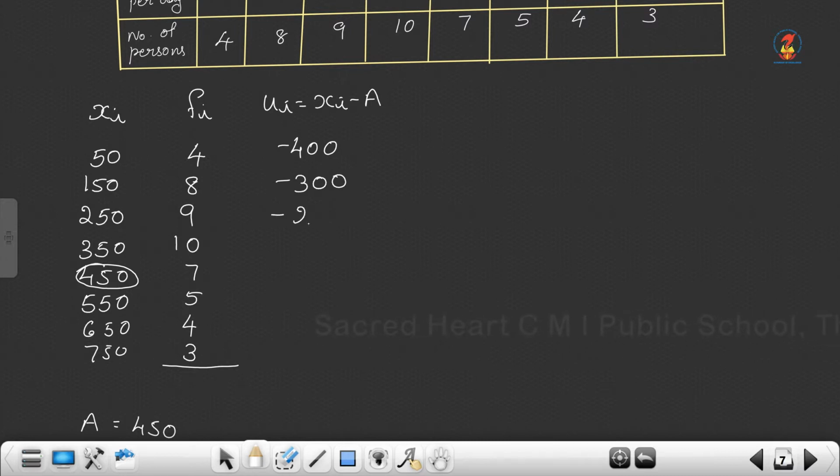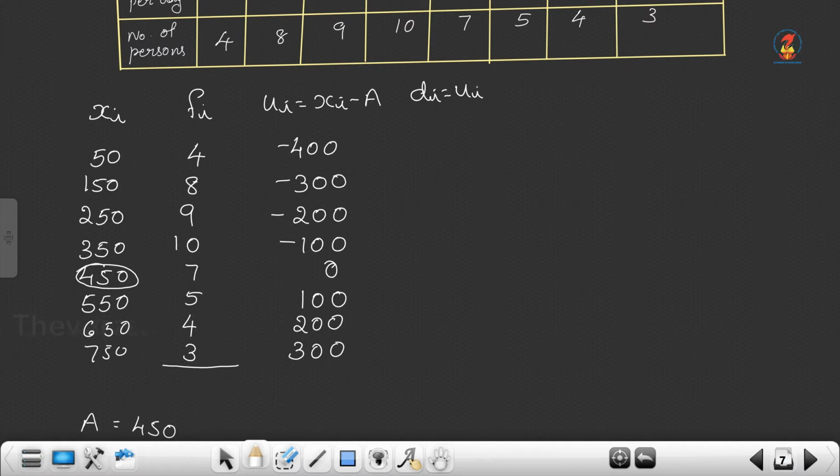Then minus 200, minus 100, 450 minus 450 is 0. 550 minus 450 is 100, then 200, 300. Then di. di means ui by 100. So by 100 means minus 4, minus 3, minus 2, minus 1, 0, 1, 2, 3.